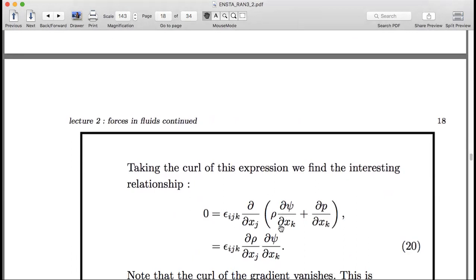And if we take the curl of this expression, so I guess I'm using vector calculus notions.